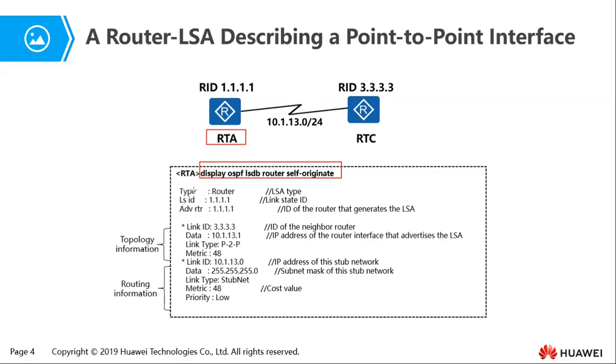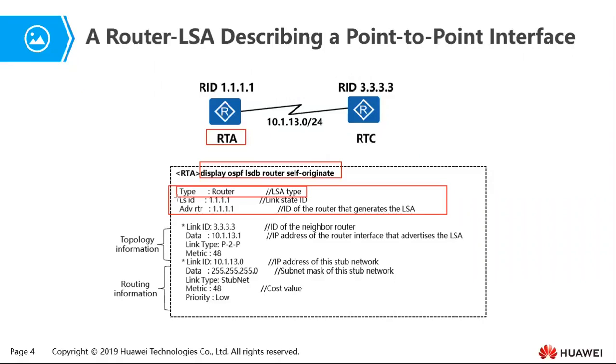So when you do that, you're going to get the details of the Router-LSA of RTA. The first part of the Router-LSA is the LSA header. Remember, we looked at the LSA header fields. The very first field is the LSA type. This one will specify type 1, meaning it's a Router-LSA.